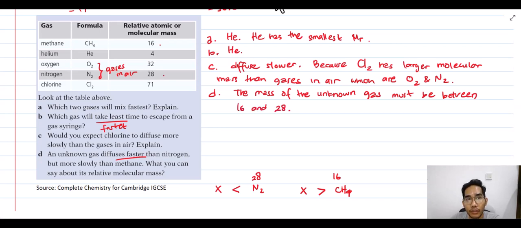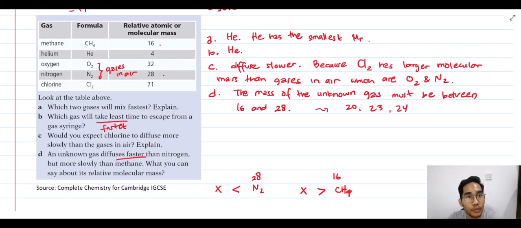Or you can also answer it by a certain number, anything that is between 16 and 28. You can answer it like, let's say 20 or 23 or 24. The thing is, it needs to be between 16 and 28. Or you can just answer it by a range like this. Okay, got it? Good. And I think we've come to the end of our lesson today.